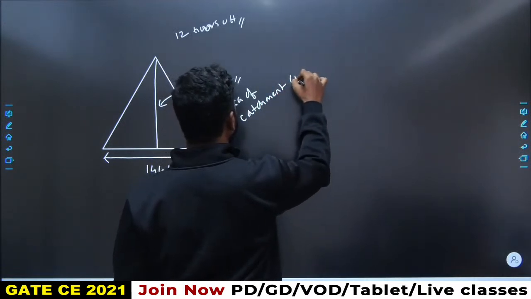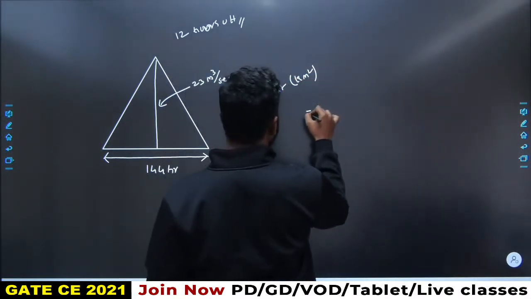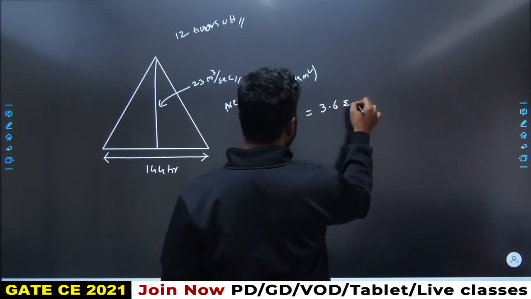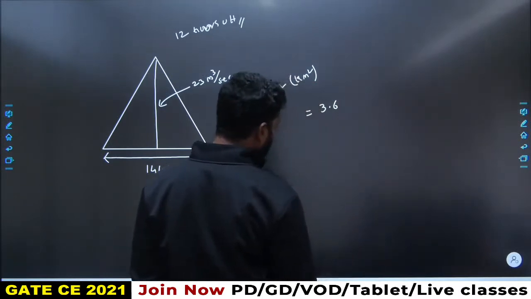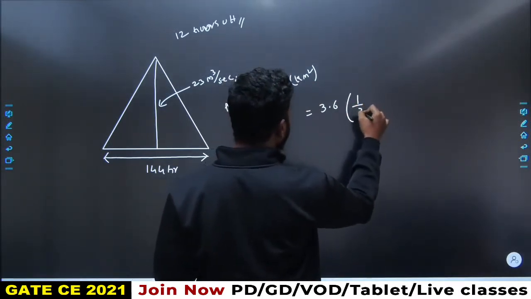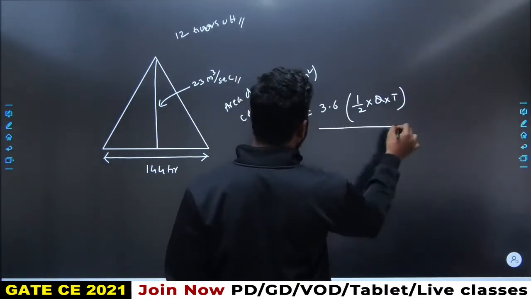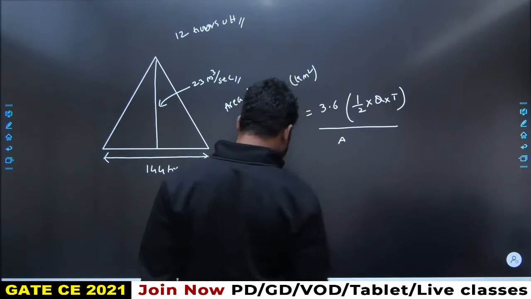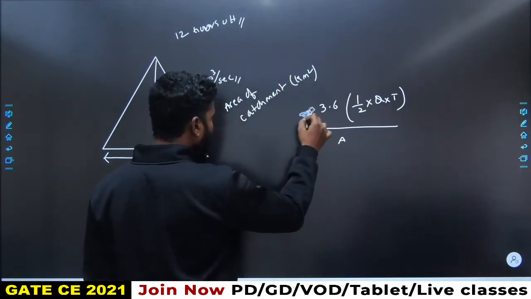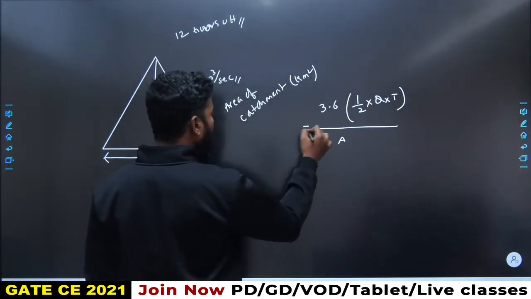Area of catchment in kilometer square is equal to 3.6 times the area of this one, half into Q into T upon A equals 1.